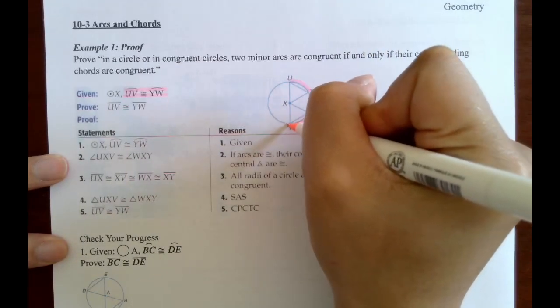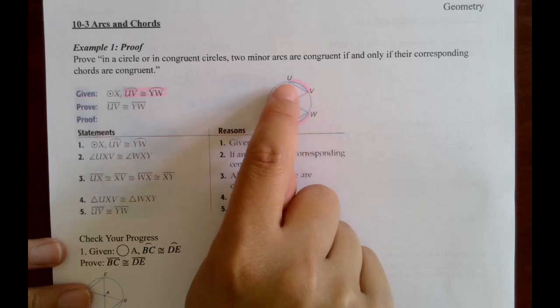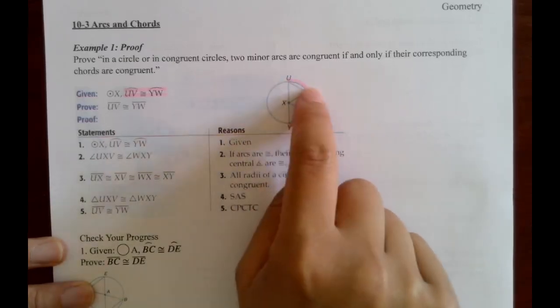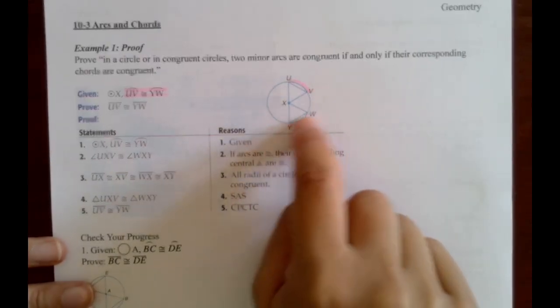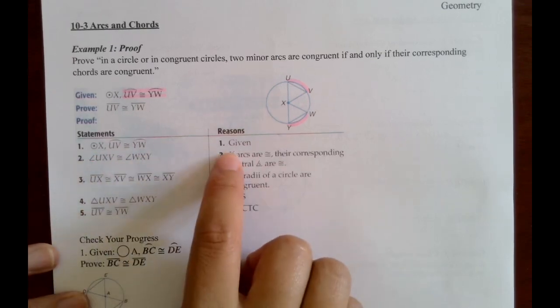These arcs are congruent. Then we want to prove that the chords that connect them, UV and WY, are also congruent. So here we're starting off with our given.